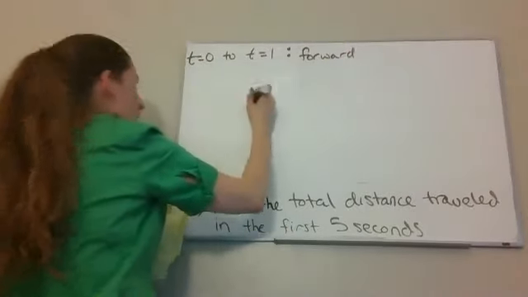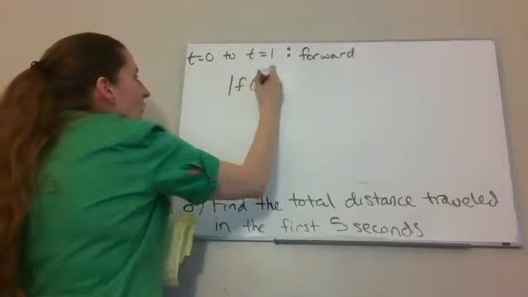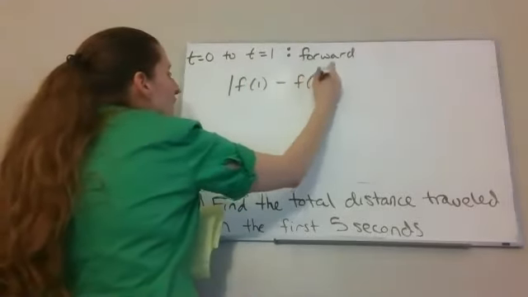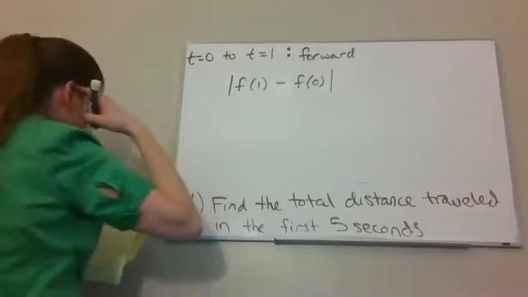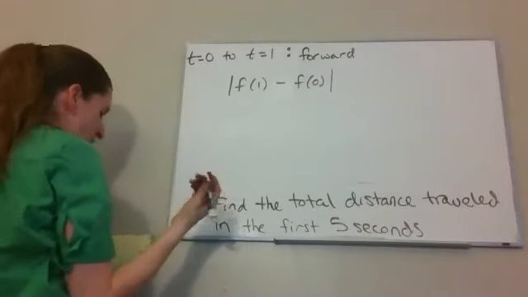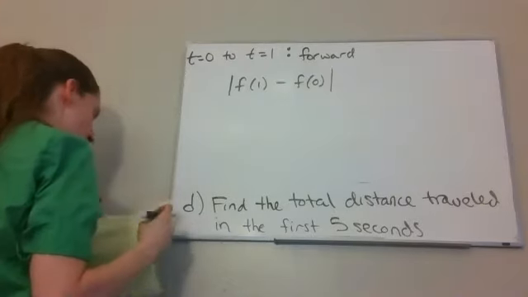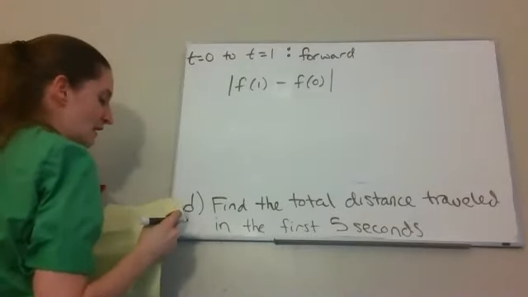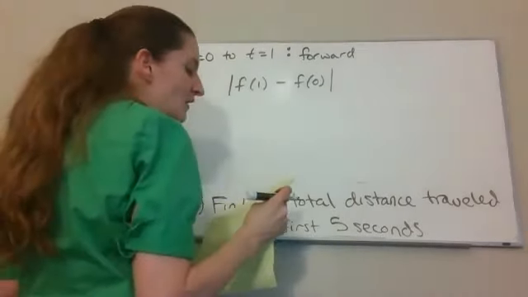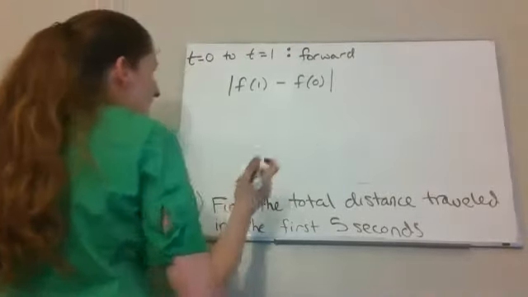And it moves forward the absolute value of f of 1 minus f of 0 meters. So we would plug this into our original function. The original function, remember, was t to the third minus 6t squared plus 9t.